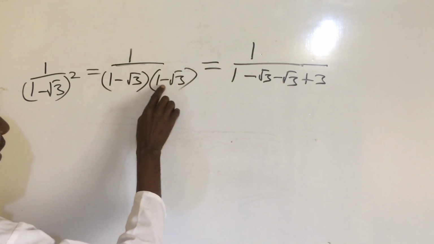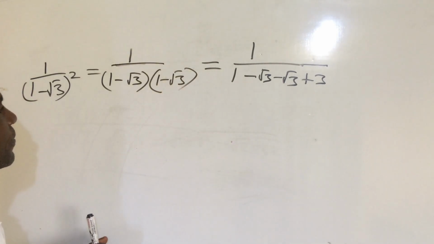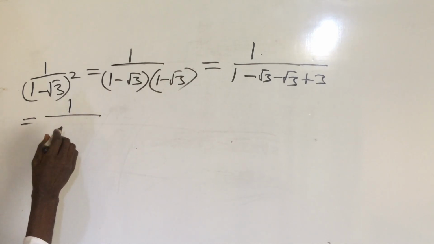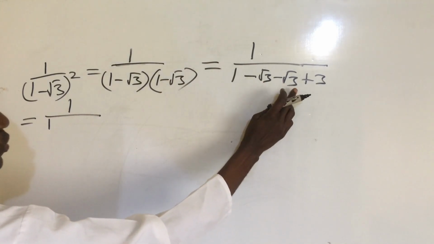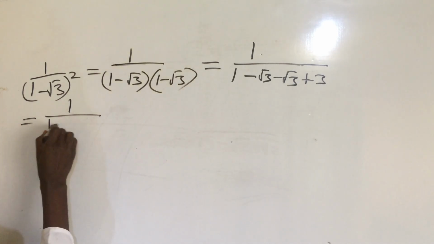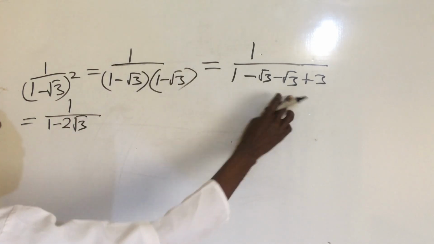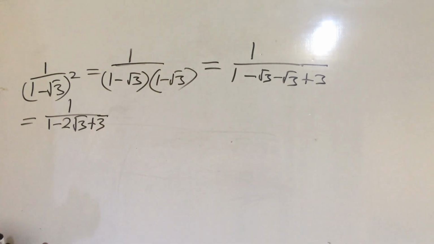Then minus root 3 times minus root 3 will give us plus 3, okay? Which will now be 1 all over 1, minus root 3 minus root 3 will give us minus 2 root 3, okay? When we add them, plus 3, okay?